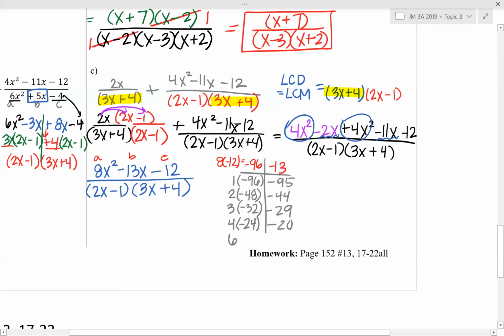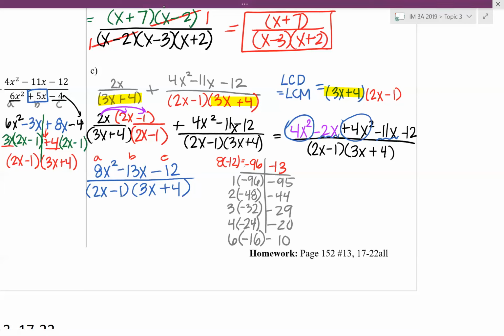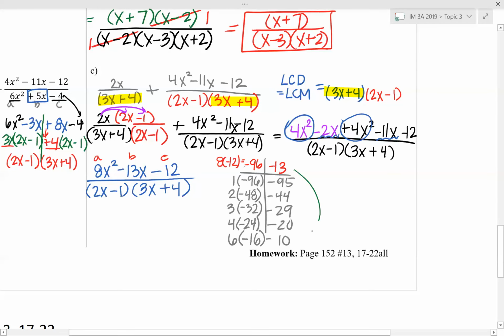But 6 will. And so 6 goes into 96. That's going to be 6 times negative 16, and notice that that's negative 10. And so because the number that I was looking for should be between these two values, and we already talked about the only number between those is 5, and 5 doesn't work, that means that this is actually prime.